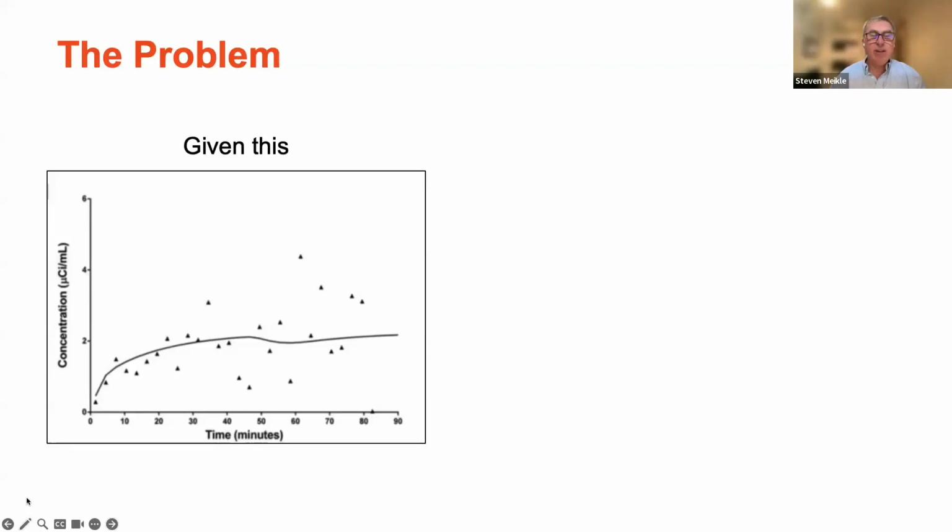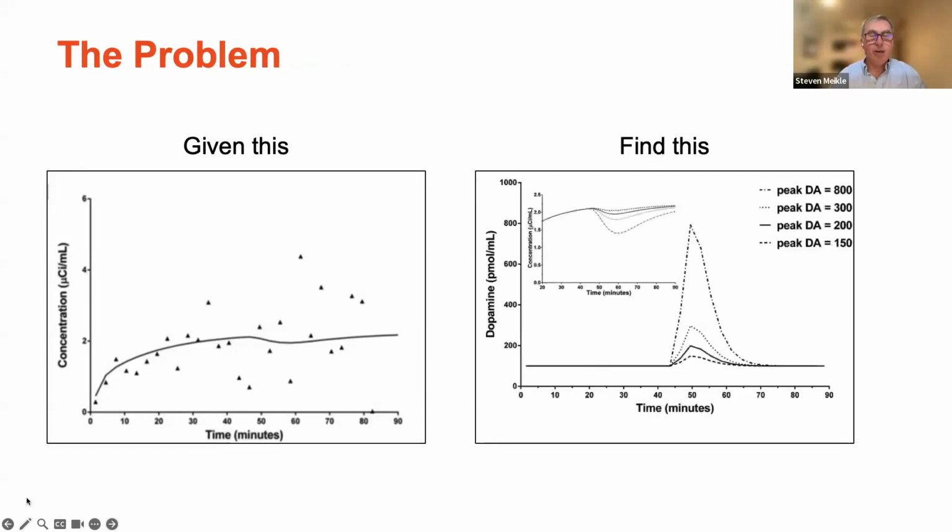So Evan introduced the problem that we're looking at here, which is, given this set of noisy dynamic PET data of a receptor binding ligand, typically a dopamine receptor binding ligand, find this.